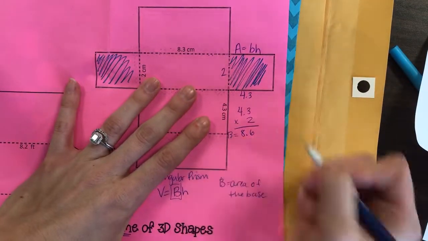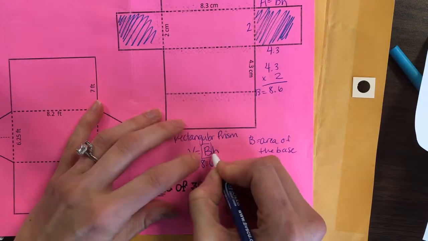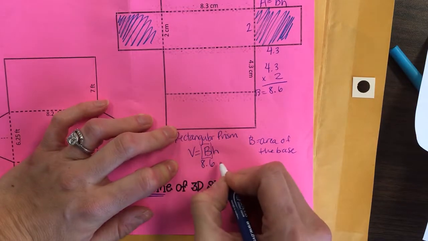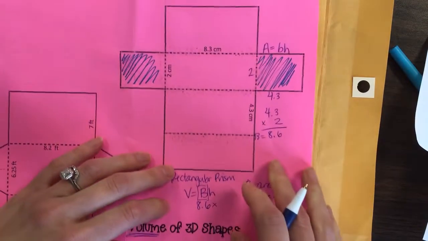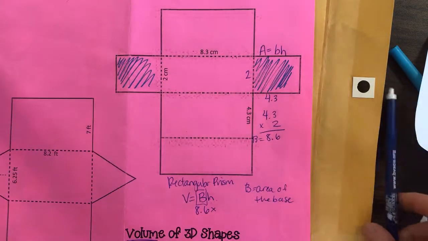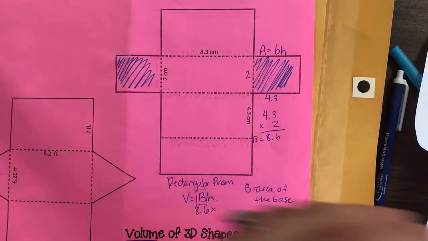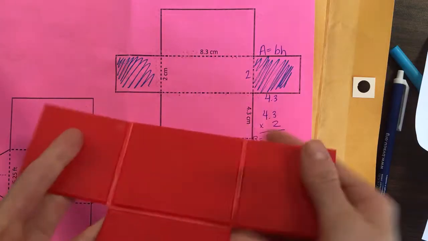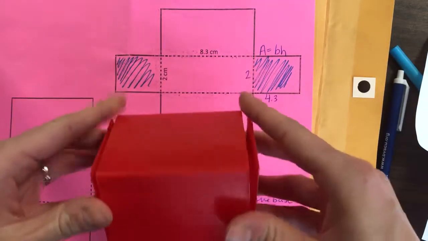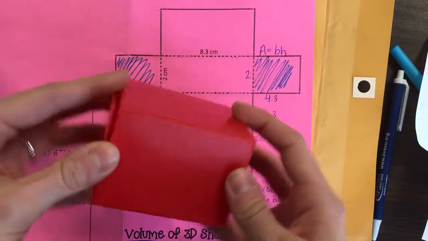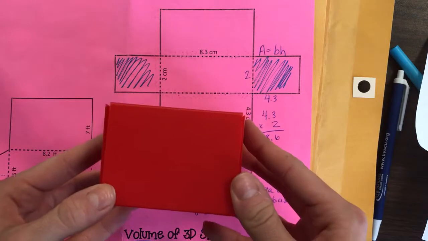So that is my capital B. So capital B, I'm gonna put 8.6. And remember, those letters just right next to each other mean you're multiplying. So then I want the height, and I want the height of the whole prism. It's kind of tricky to see on these nets, but if I fold this thing up, those bases I just folded in, I'm wanting to see the measurement between those two bases.